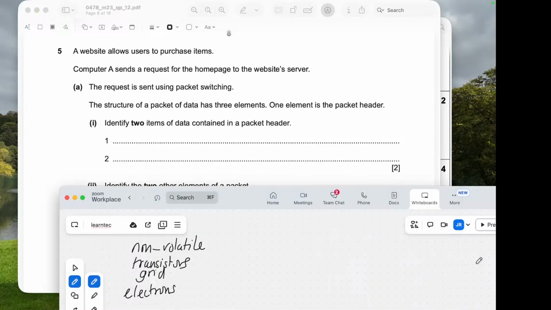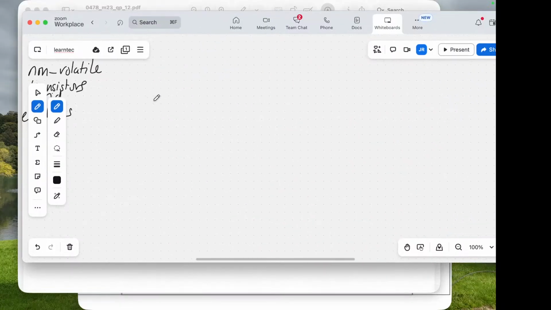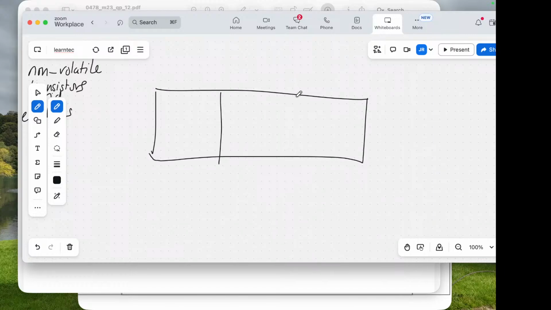Excellent. If we look at packets, there's our data packet that we're sending over the internet. We've got 3 sections: the header in this section, the payload or the data in that section, and then the trailer. There's more going on in the header. The payload is the actual data you're sending, so that could be anything.